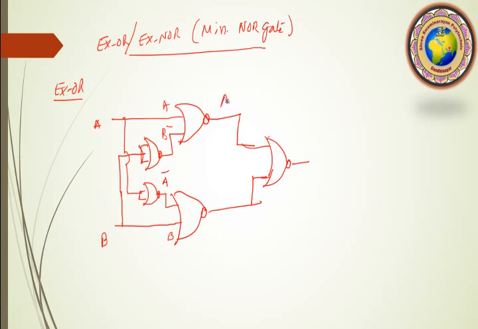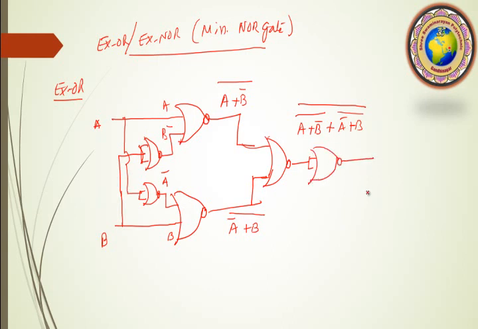Here I receive A plus B bar whole bar, and here I receive A bar plus B whole bar. Together I receive A plus B bar whole bar plus A bar plus B whole bar. Okay, and once again I require another gate here.